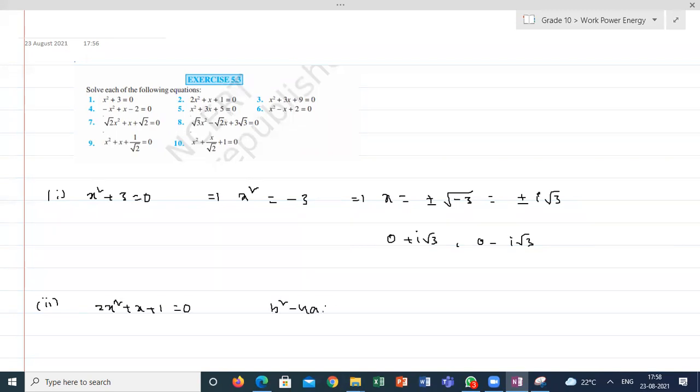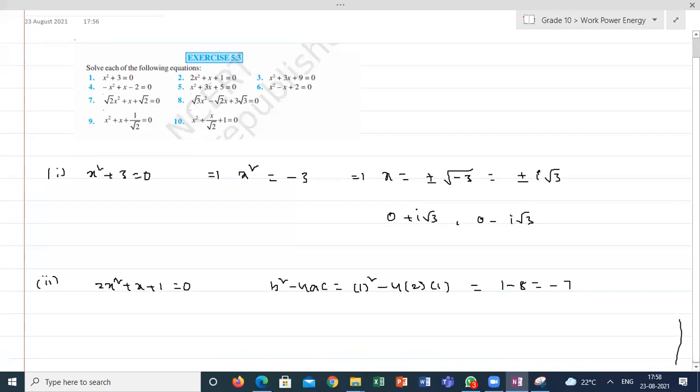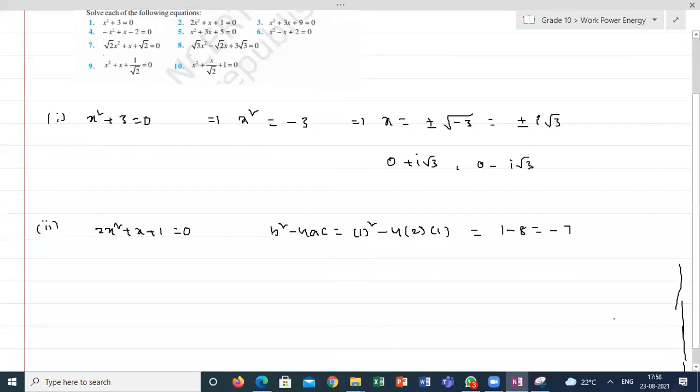When it comes to the second equation, 2x square plus x plus 1 is equal to 0. b square minus 4ac is equal to how much? 1 square minus 4 into 2 into 1. This will be 1 minus 8, minus 7. The roots are minus b plus or minus square root of b square minus 4ac by 2a.